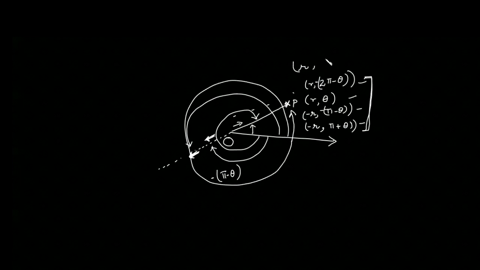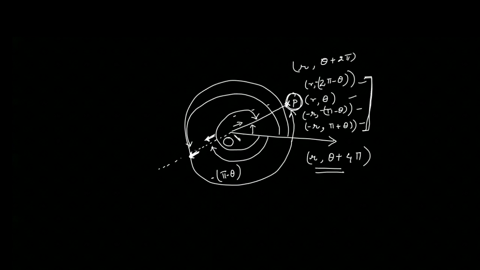So r, theta plus 2 pi is again another representation of a point P. Similarly, one can take two turns, meaning 4 pi, and then move angle theta, and after covering the distance r, again one can reach the point P. So this is another representation.